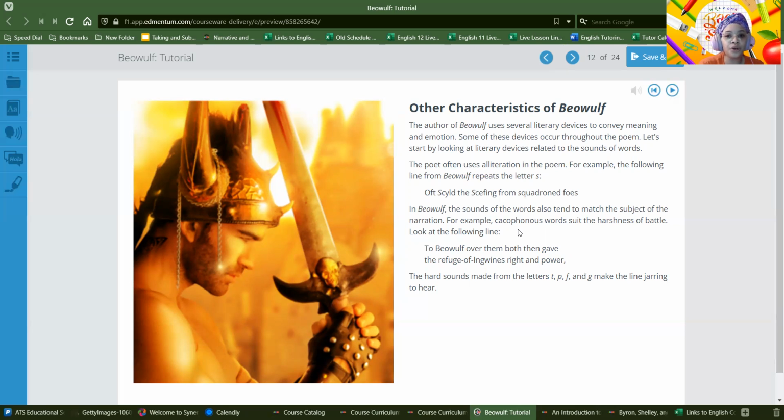So they use the words they picked, like function and form. So the form of the words is supposed to help you immerse yourself in the story, to feel the story happening around you. Because they didn't have fancy movies or art in the same way back then that you could just look at any time. So they had to make the words help you feel the reality of what was happening.